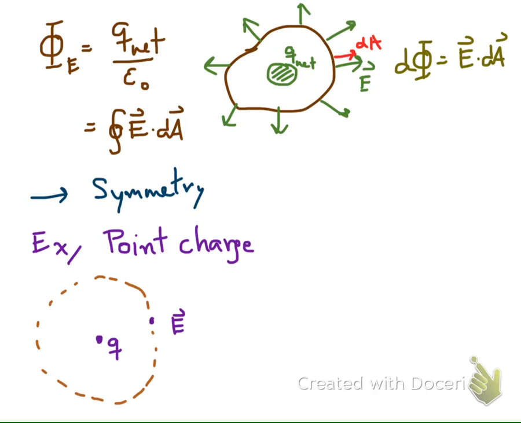We call this surface a Gaussian surface, which is not necessarily real, and in most cases we imagine this surface.